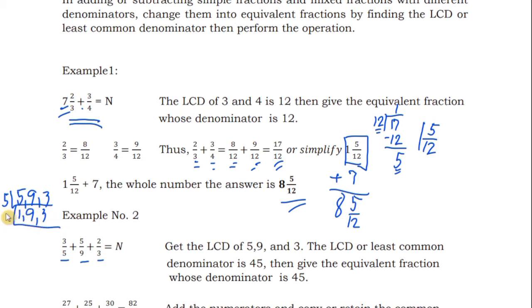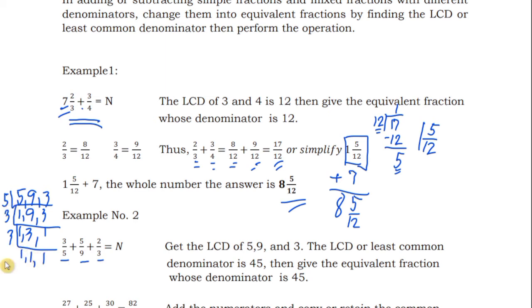Then we have here 3, because 9 and 3 are divisible by 3. 1 cannot be divided. 9 divided by 3 is 3, then 1. Then we have another 3. 1 divided by 3, copy 1. 3 divided by 3 is 1. 1 divided by 3, copy 1.